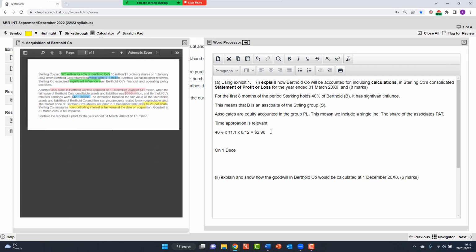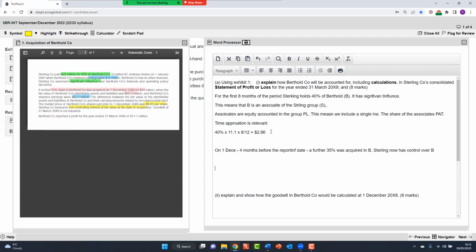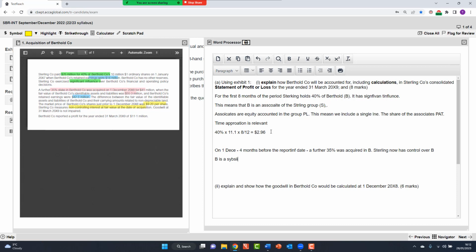So on 1st December, 4 months before the reporting date, a further, what was it, 35%, yeah, 35% was acquired in B. Sterling, or S, now has control over B. B is a subsidiary with an NCI.